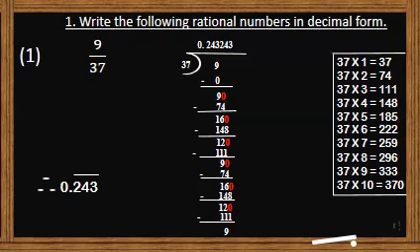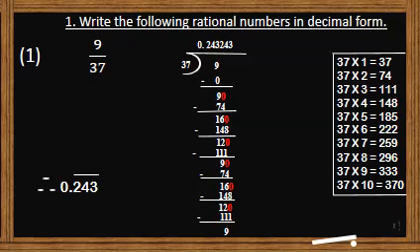So we will write the divisor outside and the dividend inside. Now we have to see whether 9 is divisible by 37 or not. In short, does 9 come in the table of 37? What do you think, yes or no?